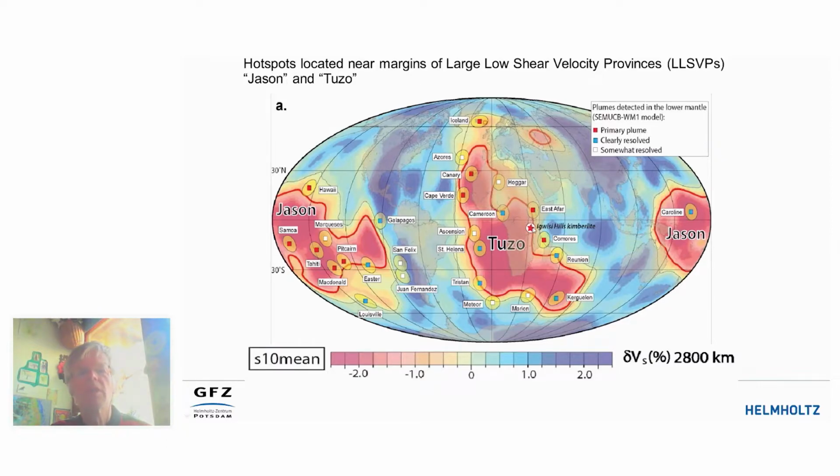The primary plumes are the ones they see coming up through tomography from the lowermost mantle, and clearly resolved also, most likely from the lowermost mantle. Those tend to all be associated with the piles and especially with their margins, which is especially well seen on the African side.